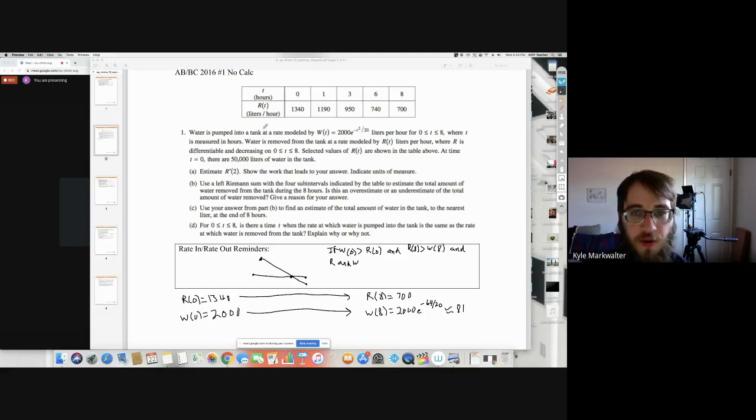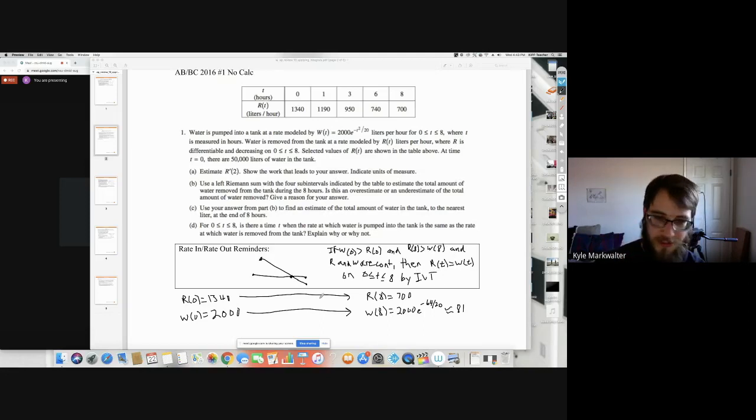Because we need to know that for IVT. Yes, we do. They're differentiable here. Yeah, and R and W are continuous. Then R of t equals W of t on 0 to 8 by the IVT. So for this one, you have to consider this comparison here and then answer it with your explanation by IVT.